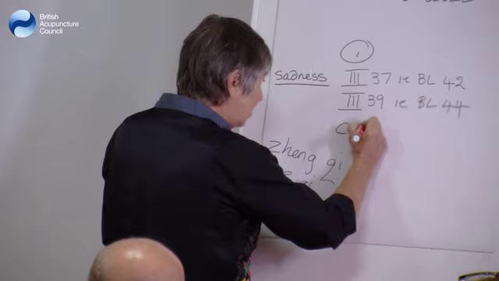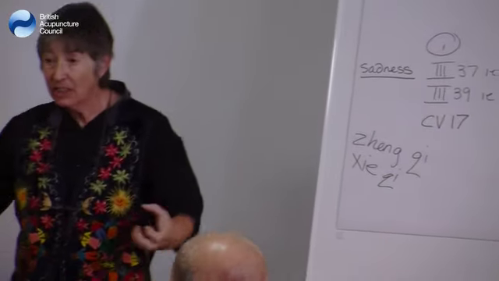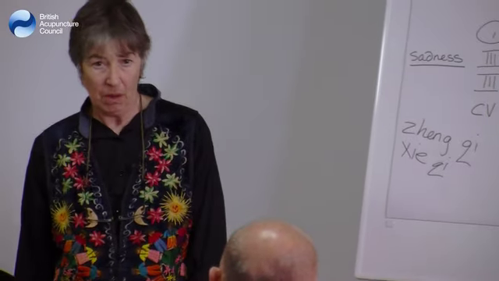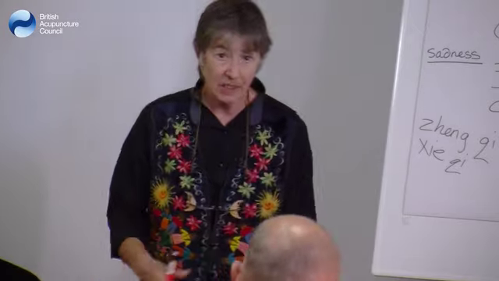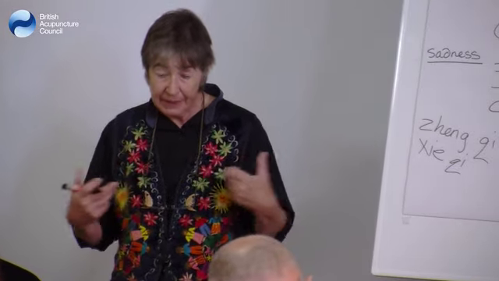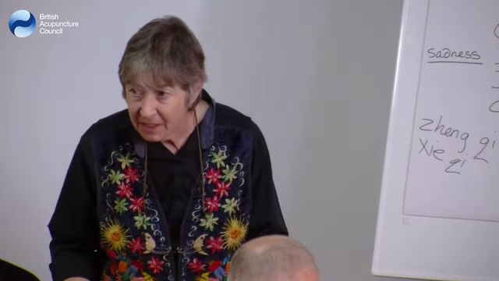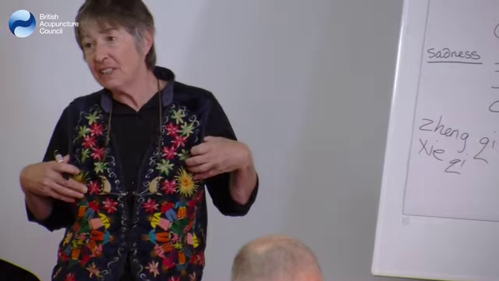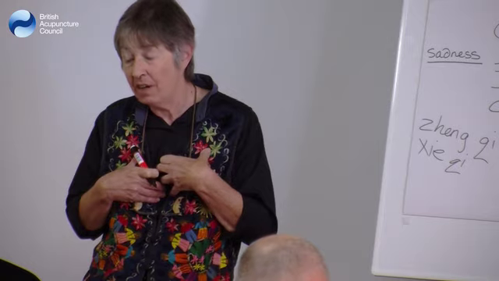Okay. CV17 is Tan Zhong, but CV17 supports the movement in the upper sea of qi, but it may be advisable, because the qi has really disappeared, there's unlikely to be very much here.